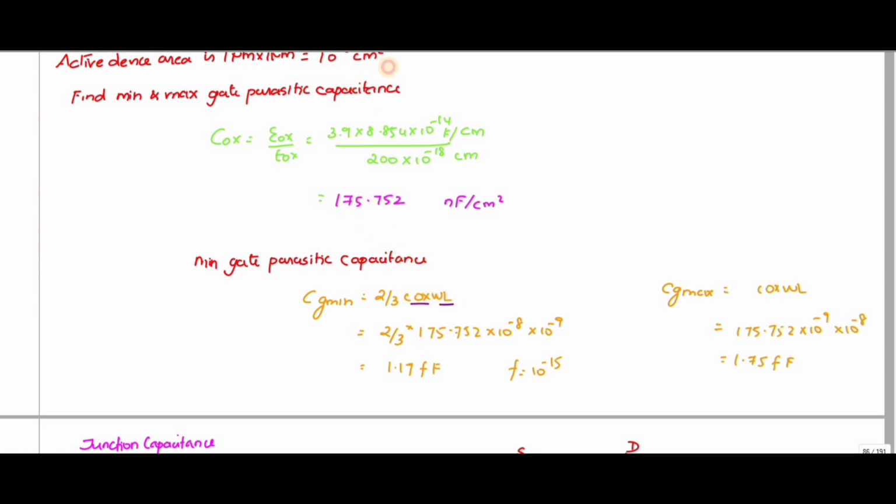The W and L values are also given, and if you substitute, you will get the minimum gate parasitic capacitance as 1.17 femtofarad. Femto means 10 power minus 15. The maximum value CG is equal to Cox into WL. Cox value we know, and W and L values we also know, so the answer is 1.75 femtofarad.